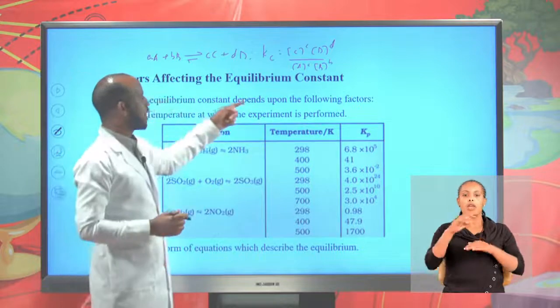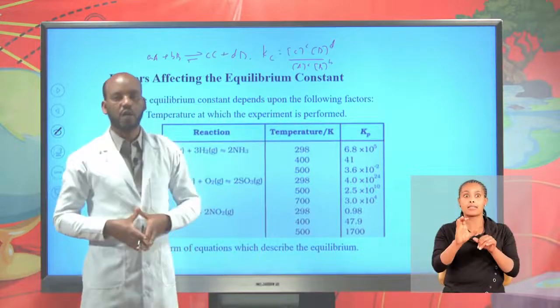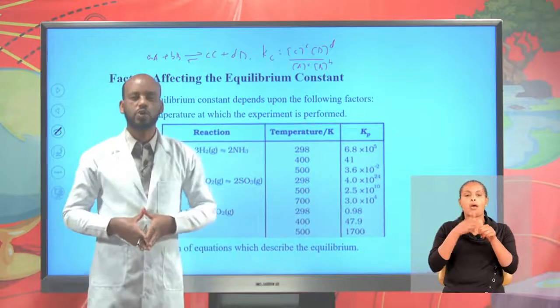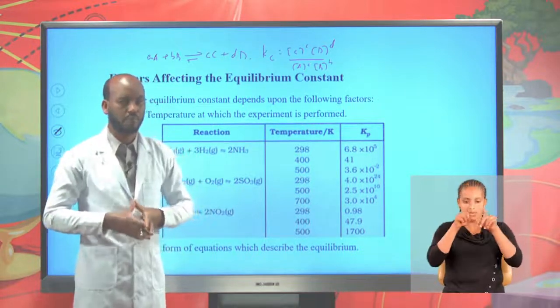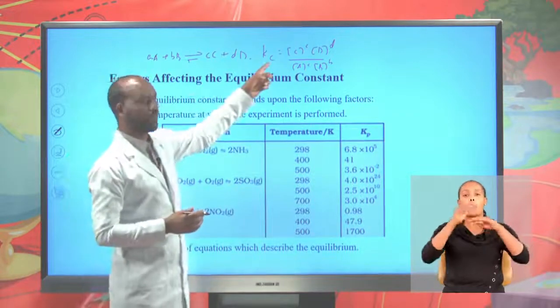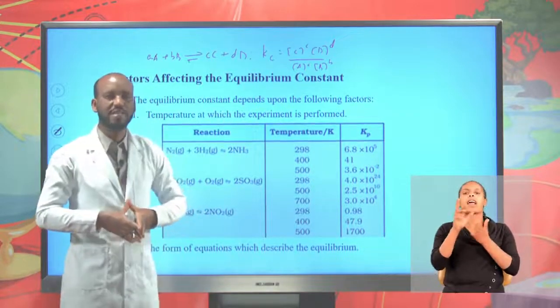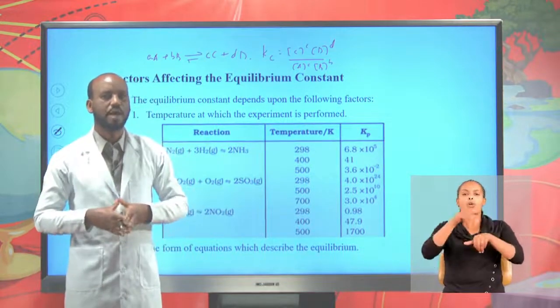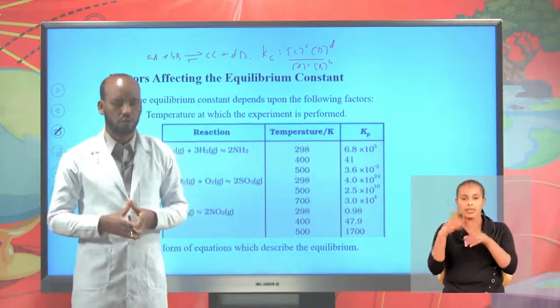The equilibrium constant depends upon the following factors. 1. Temperature at which the experiment is performed. Therefore, equilibrium constant Kc of the reaction depends on the temperature at which the experiment takes place.